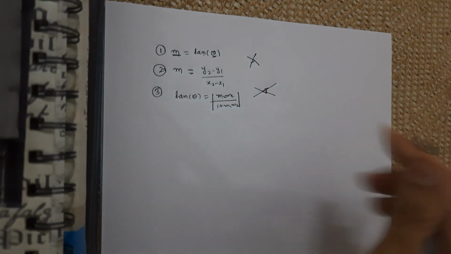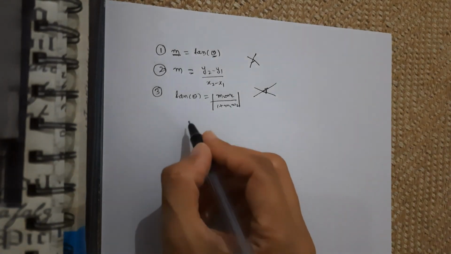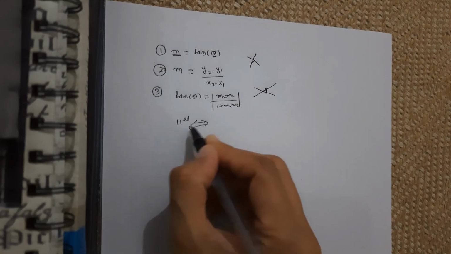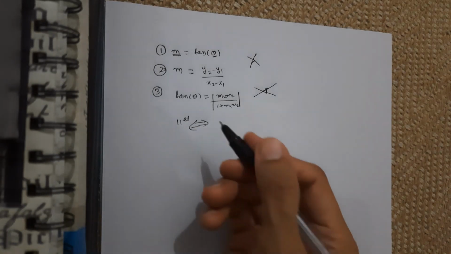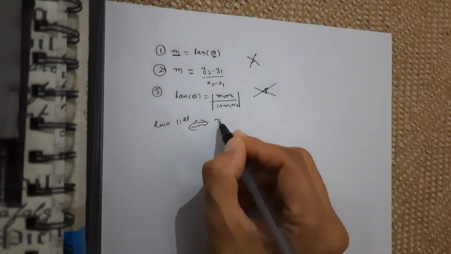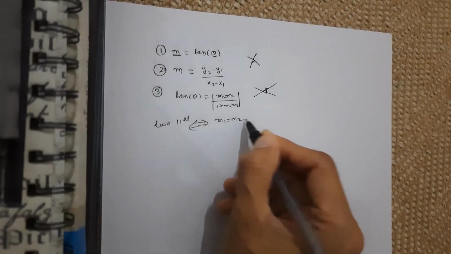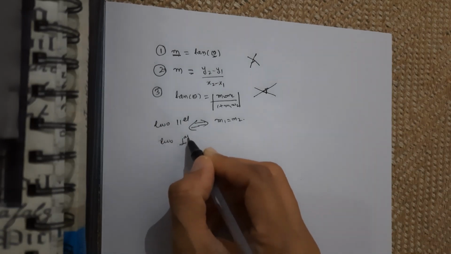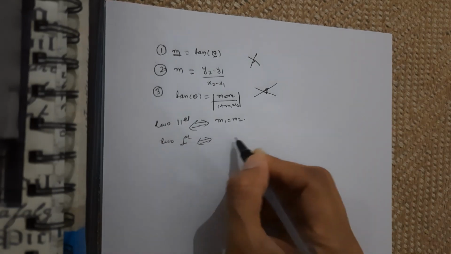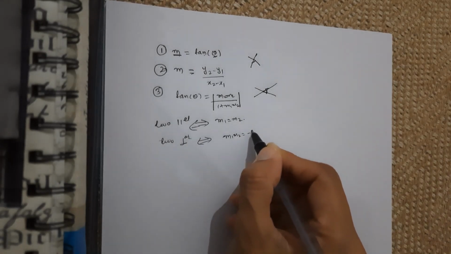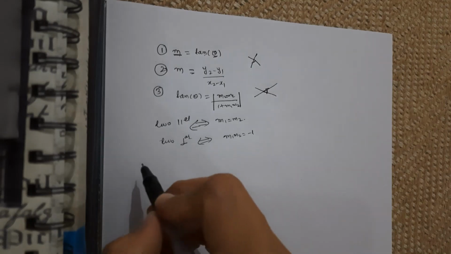From this we have calculated that if two lines are parallel, their slopes are going to be equal. If two lines are perpendicular, then the product of their slopes is going to be -1. The converse is also true.